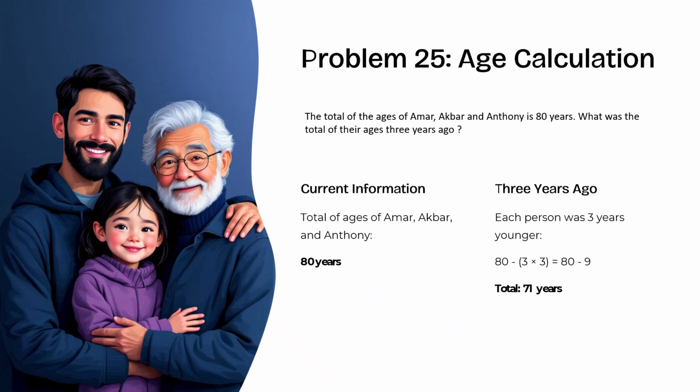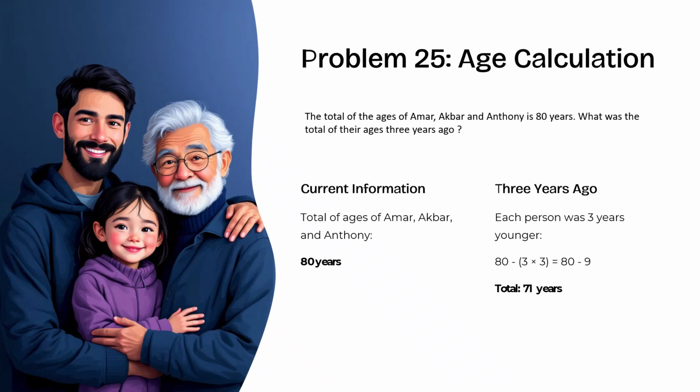Three years before means each person's age reduces by 3, so 3 into 3. So the calculation is 80 minus 3 into 3.